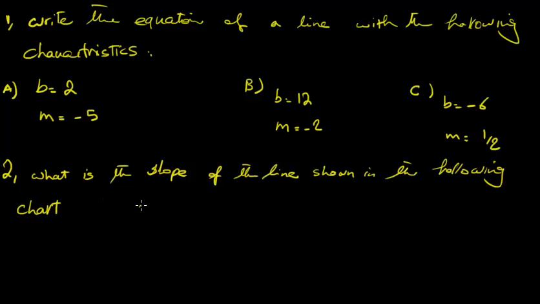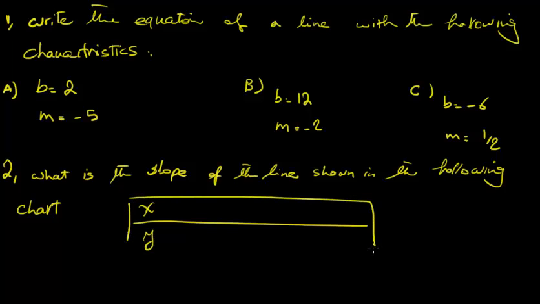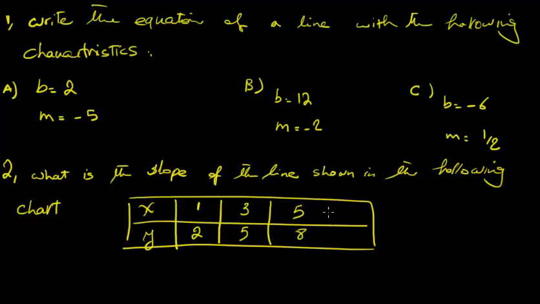Let's say we have x and y, and when x is 1, y is 2, x is 3, y is 5, x is 5, y is 8, and x is 7, y is 11.